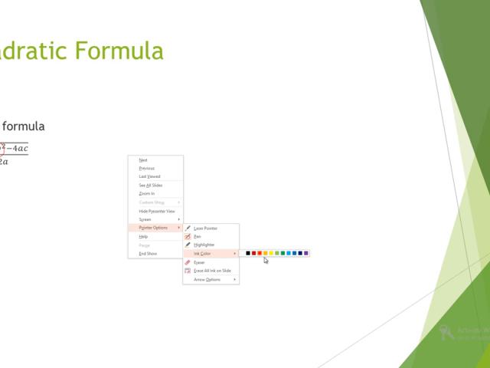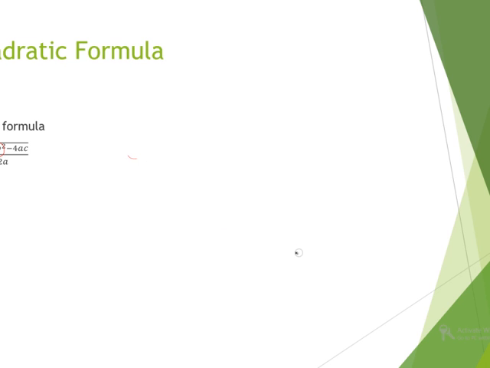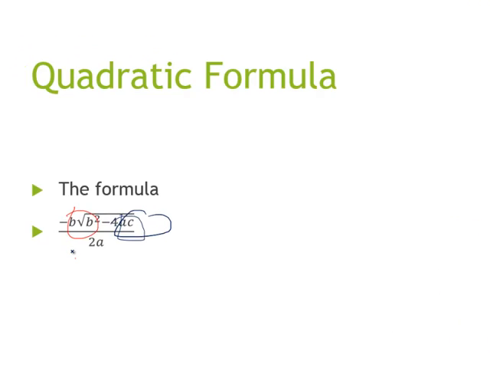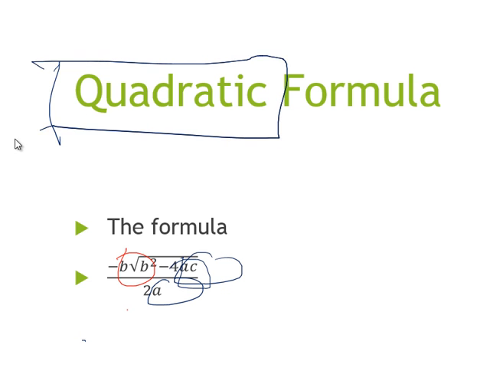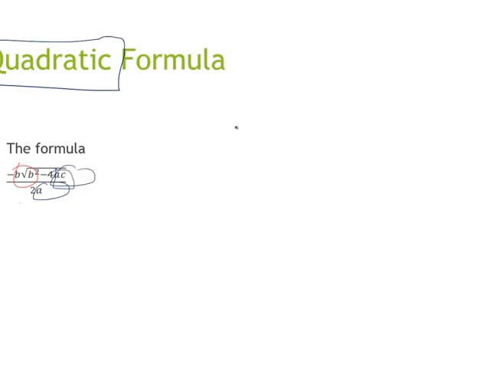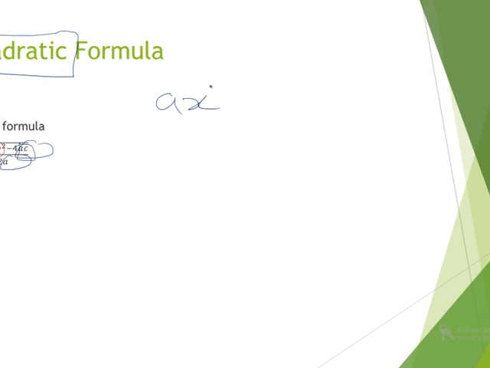Let's make it blue. So A, C, and A again. Here in this case we refer back to the quadratic, which is ax squared plus bx plus c.